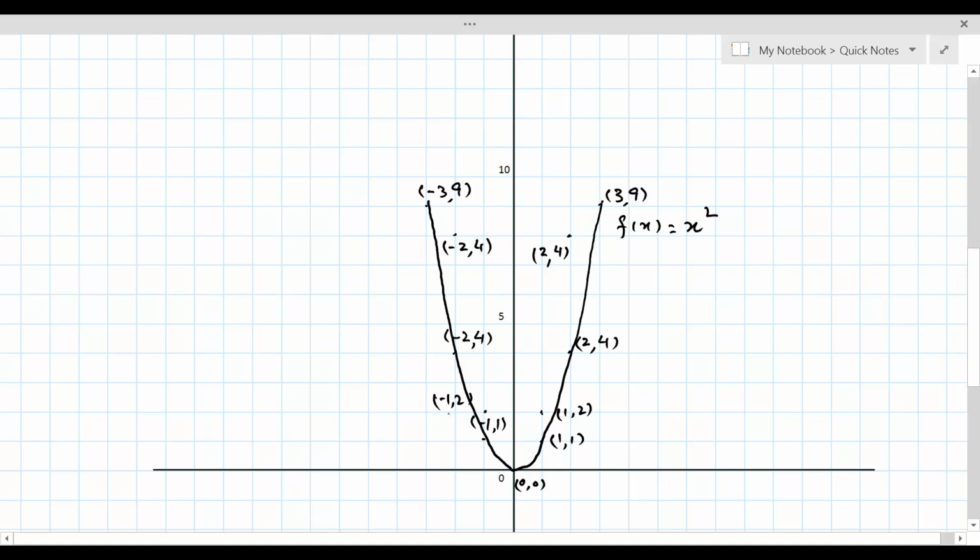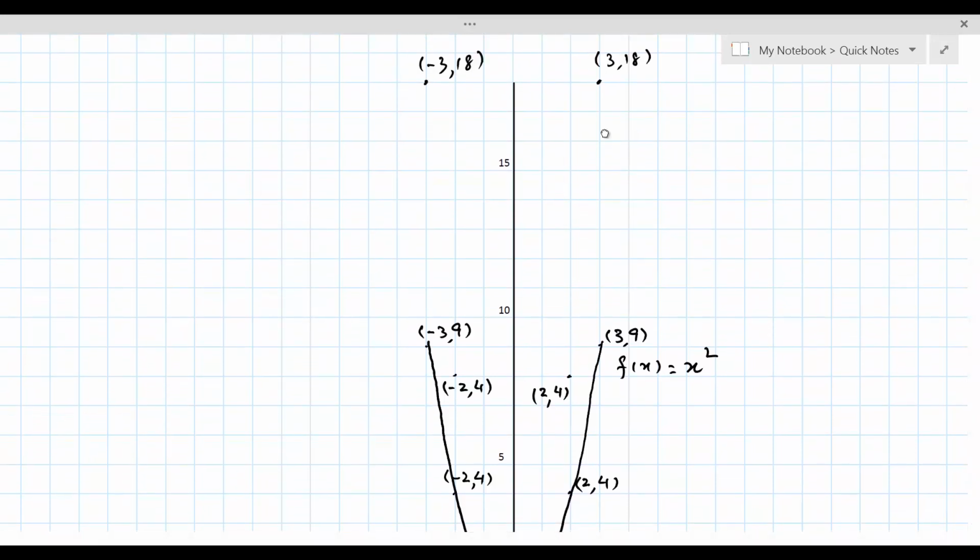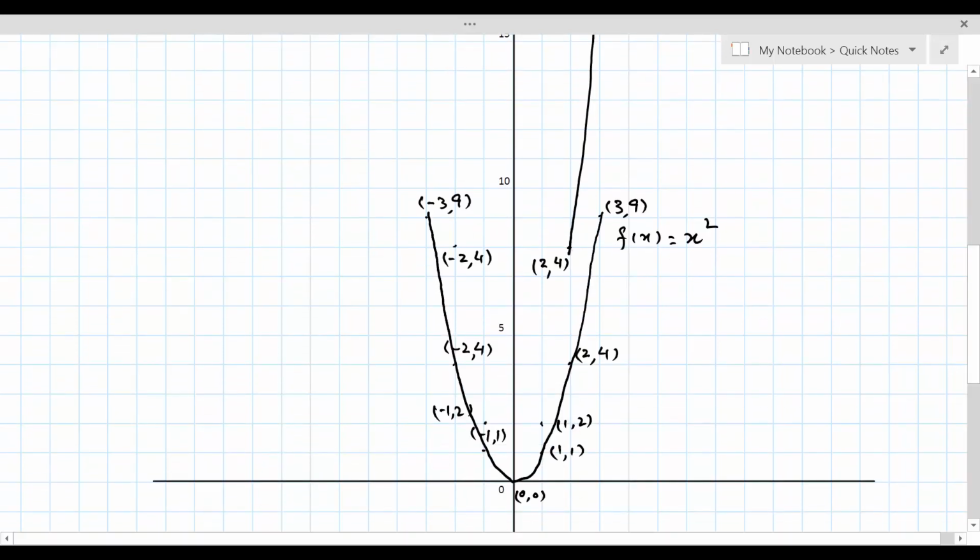And now we visualize a graph through these points just like before. So let's start with this point and bring the graph through this point, continuing this curve to pass through the next point and then touching the 0.